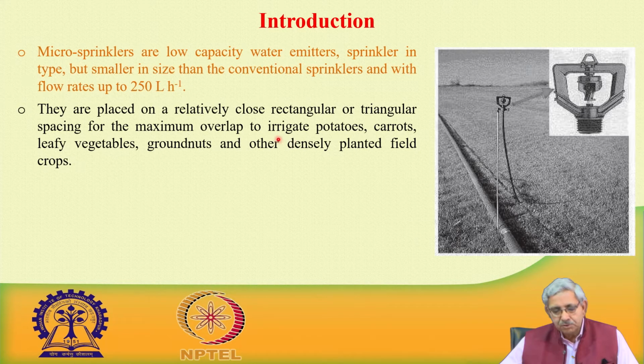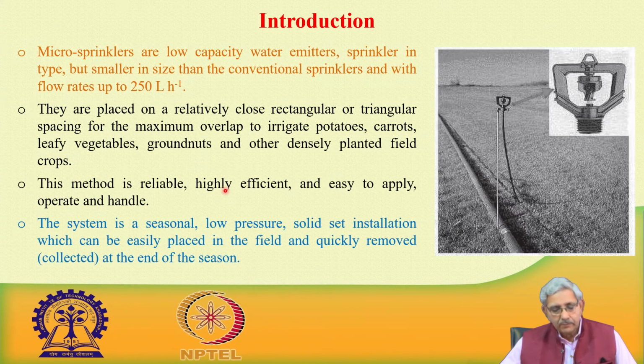These could be used to irrigate close growing crops, potatoes, carrots, leafy vegetables, groundnut. It has been found that the response of these crops is much better. This method is reliable, highly efficient and easy to operate and handle.